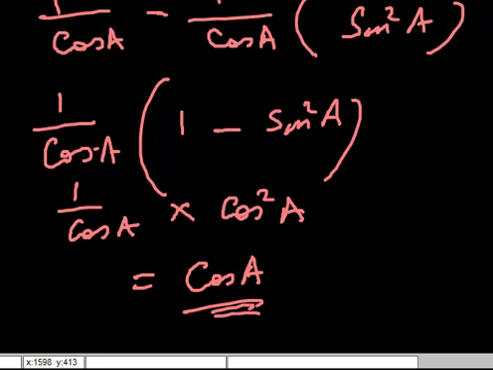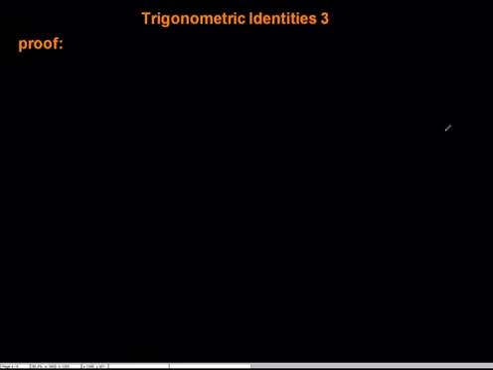Now I'm going to look at a proof. How would you prove that 1 plus tan squared theta is equal to sec squared theta? If you need to prove this, what would you do?